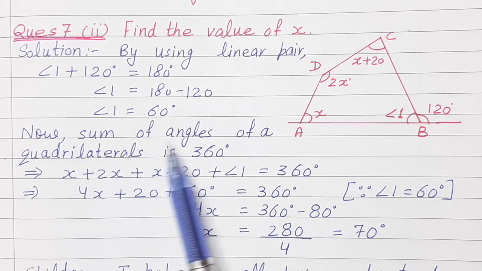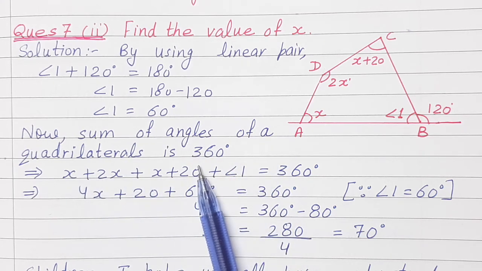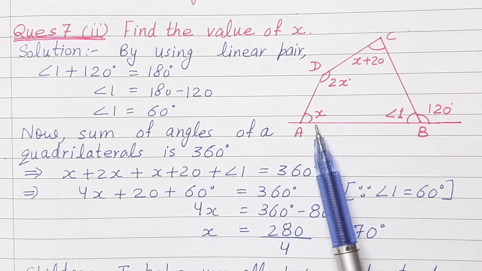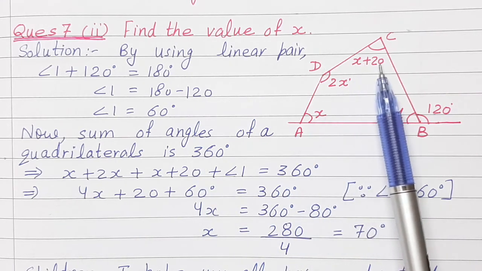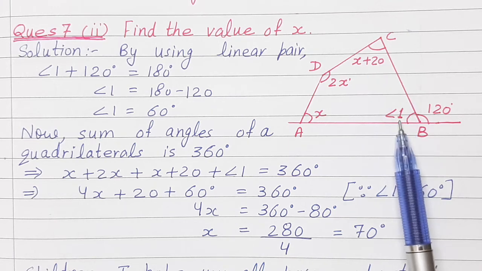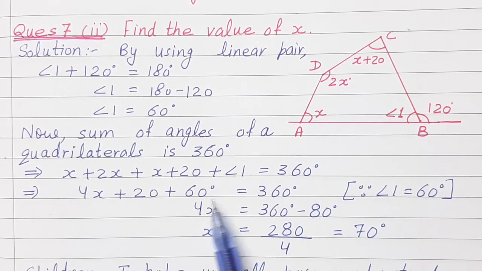Now, sum of angles of a quadrilateral is 360 degree. Therefore, x plus 2x plus x plus 20 plus angle 1 is equal to 360 degree. Right? Now adding all this, we will get 4x is equal to 280.